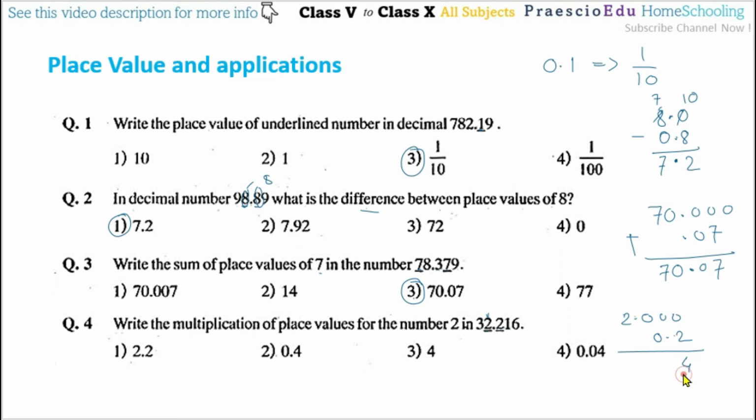Now here one place we have to shift. Here the 2, so no need of counting the places. So here one place we have to shift, means the decimal point will be kept here. So 0.4. 0.4 means option number 2.